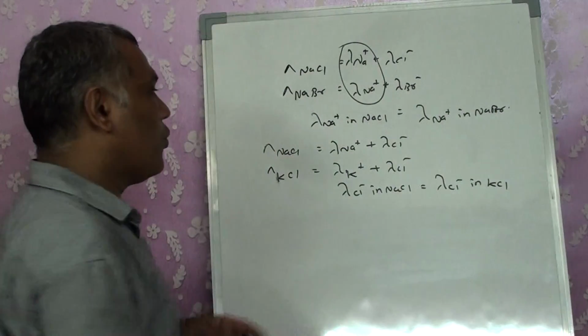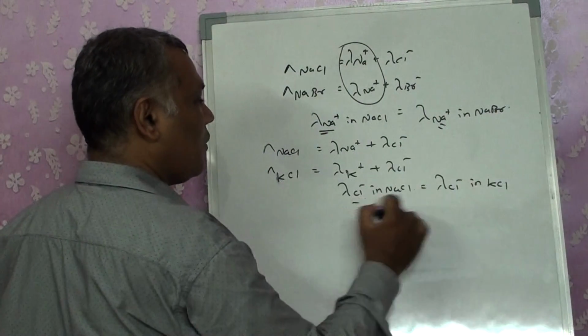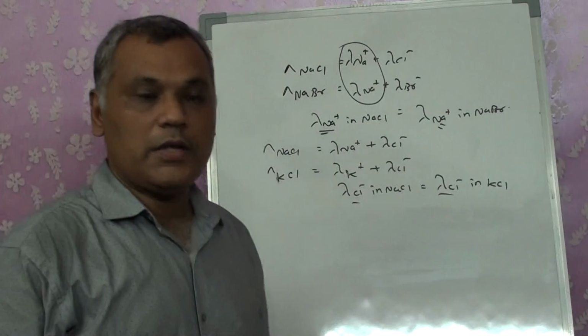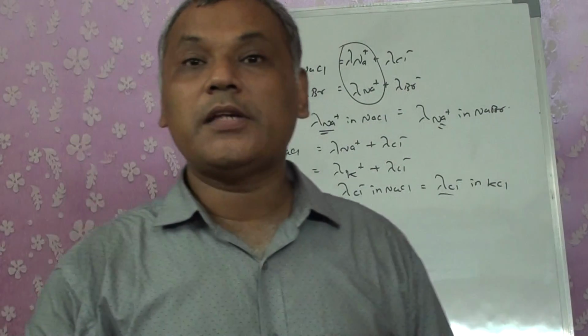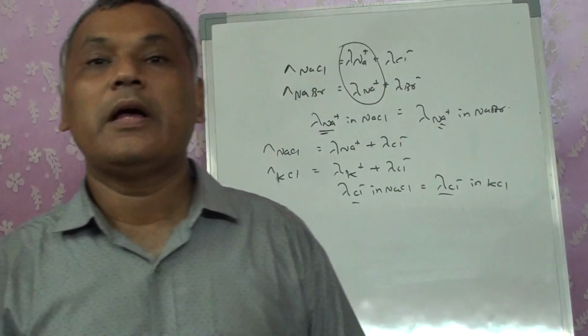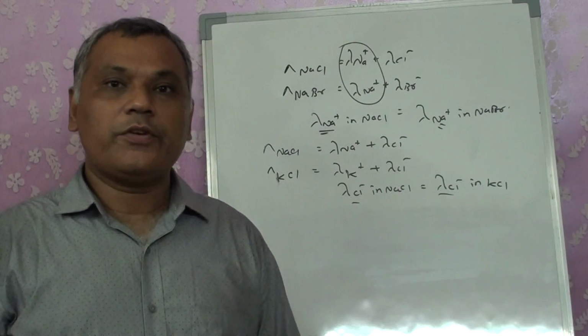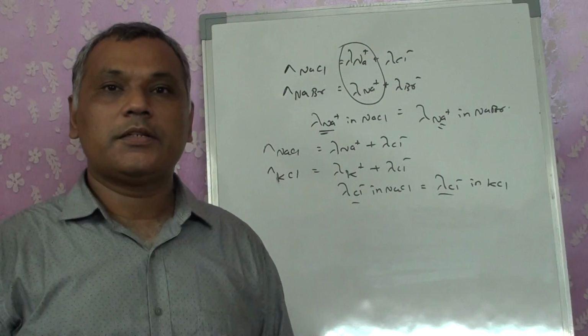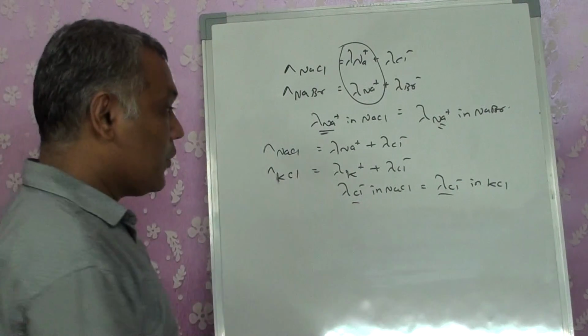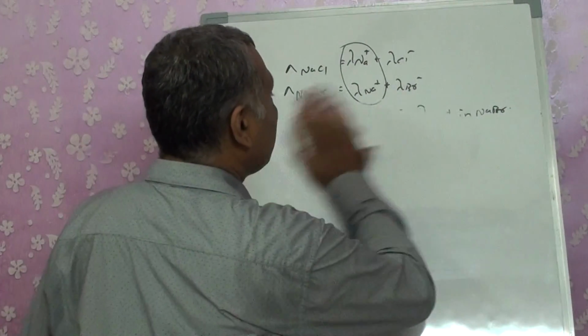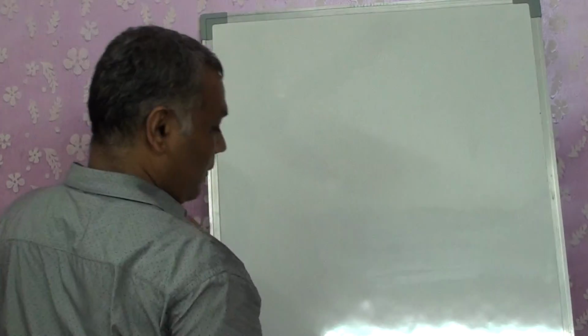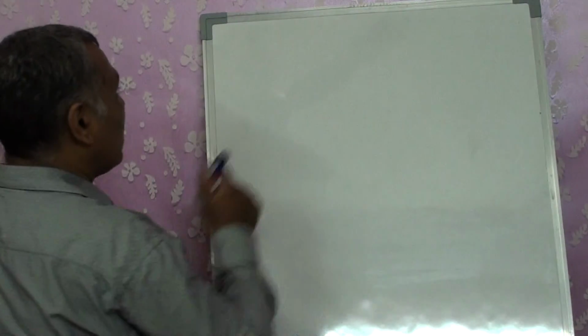That means for both positive and negative ions, the conductivity remains the same whichever solution the ion is taken from. So Kohlrausch used this rule for measuring the weak electrolyte.